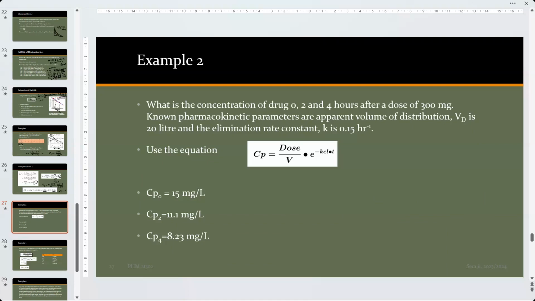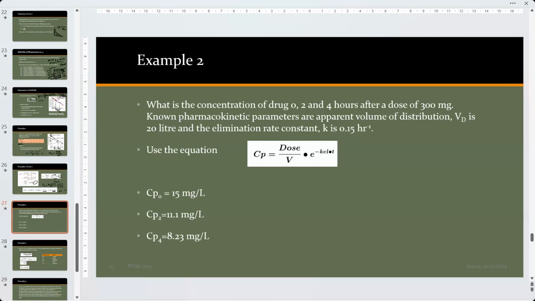Use this equation. They tell you that they give a dose of 300 milligrams by IV bolus injection. The drug is following linear pharmacokinetics and the elimination is first order elimination.